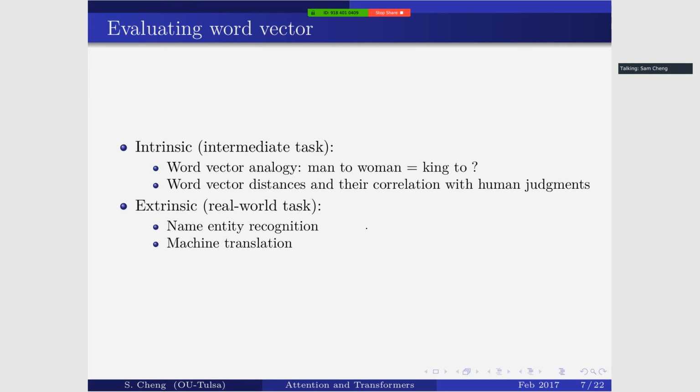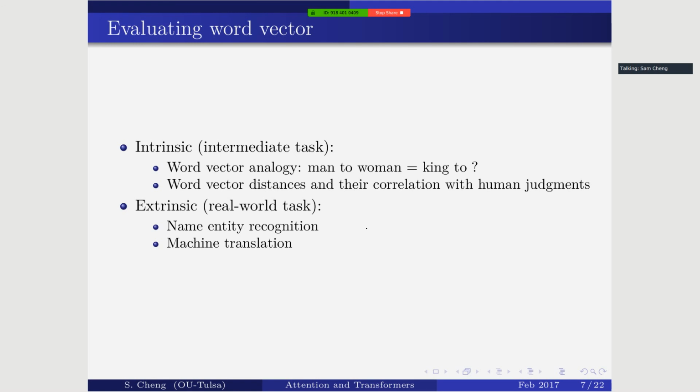And now let's look at some of the usage. Actually, some of you asked the question, what's the use of the word vector? Of course, I mentioned that one very important use is as the first step for word representation. Basically, for all natural language processing, this is the first step.